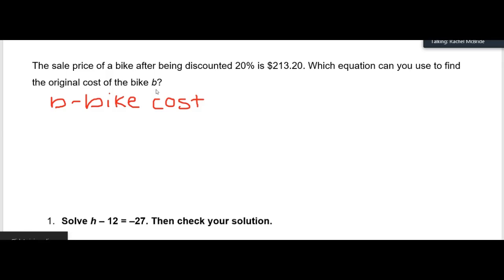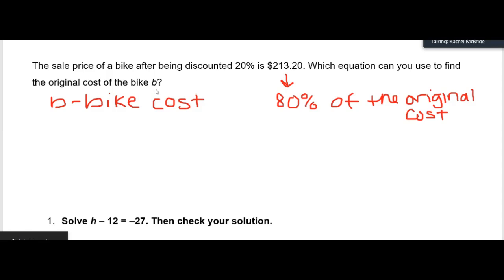So here it says the sale of a bike after being discounted 20% is, so that $213.20 represents 80% of the original cost. Okay?